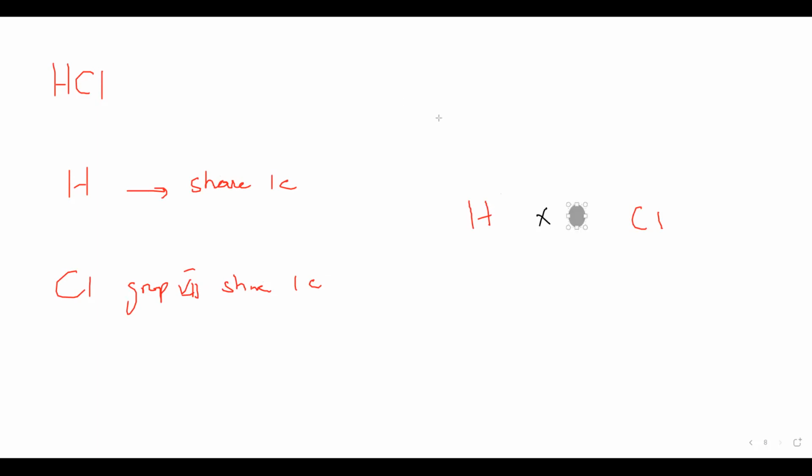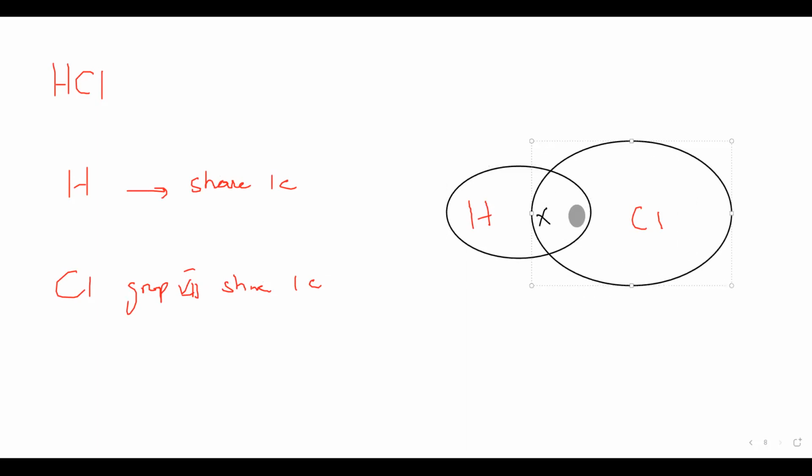Then we complete the structure. For hydrogen, there is no unshared, and for chlorine, there are 6 unshared: 1, 2, 3, 4, 5, 6. So this is the structure of HCl, hydrogen chloride. Is it clear?